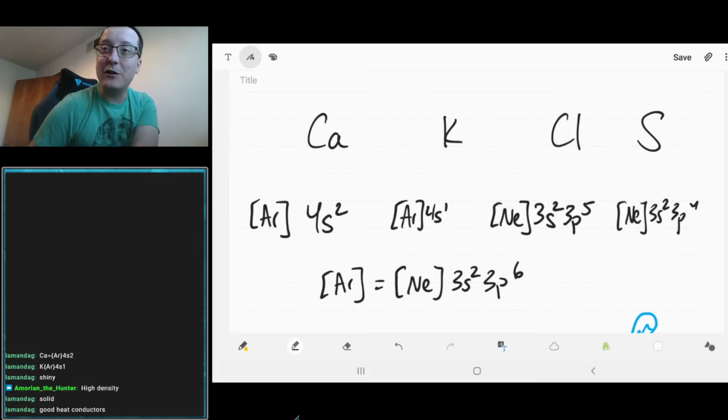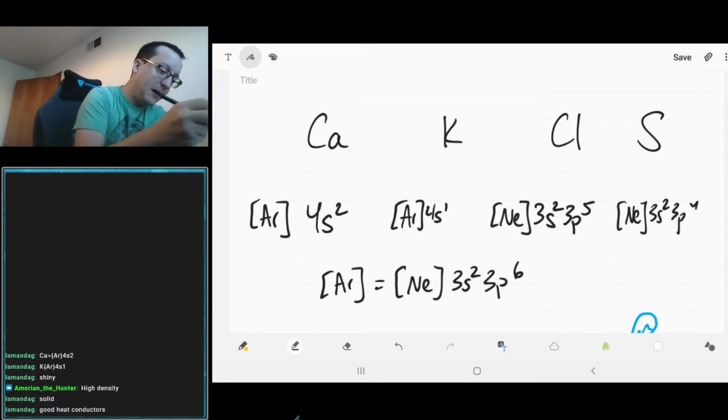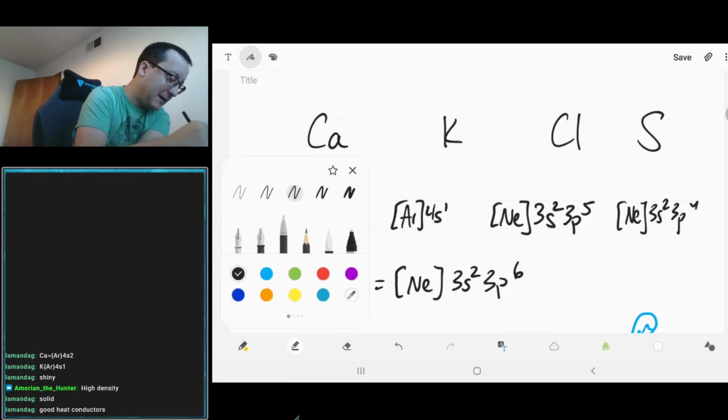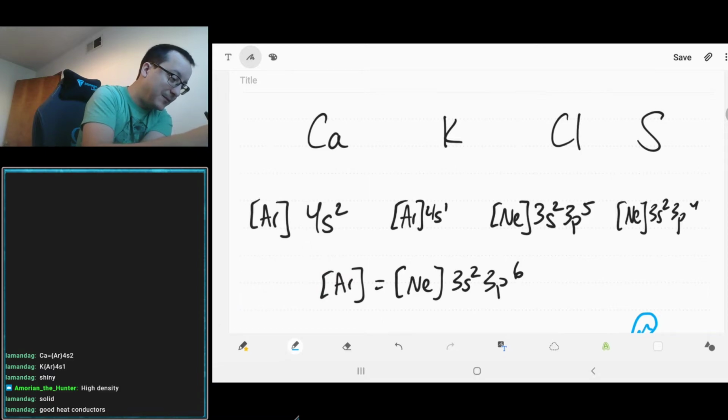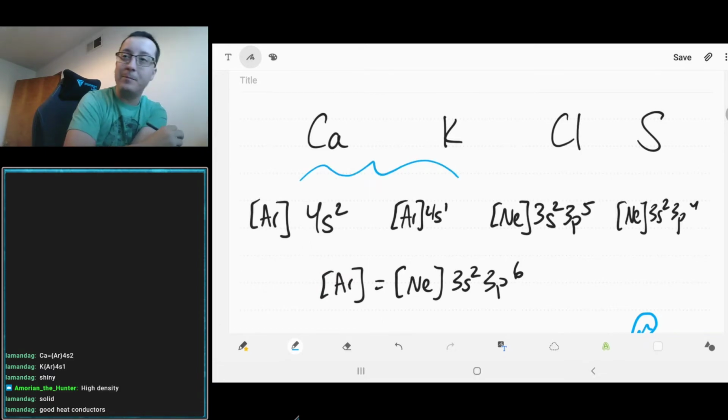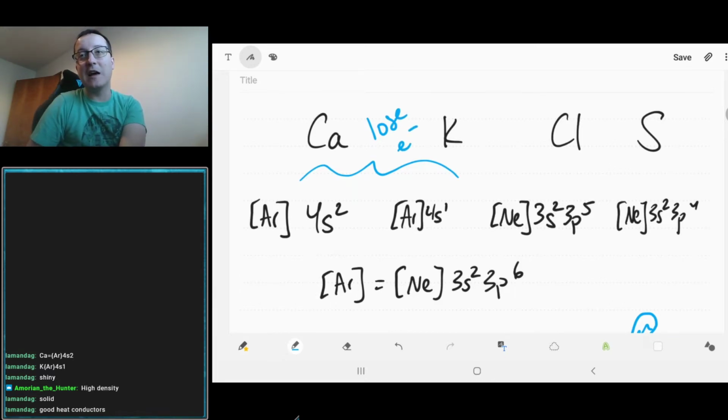One way is to either gain or lose electrons. And if we're looking at this calcium and potassium, we're going to see it's easy for them to lose electrons to become like noble gases.